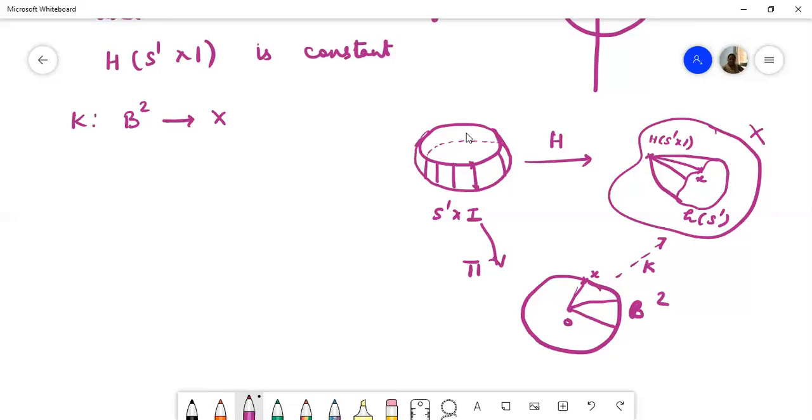Or we can say we define K from B2 to X by K of (1 minus t) into x, where t is a point from 0 to 1 and x is a point in S1, that goes to capital H of (x,t). So we define K from B2 to X by this.